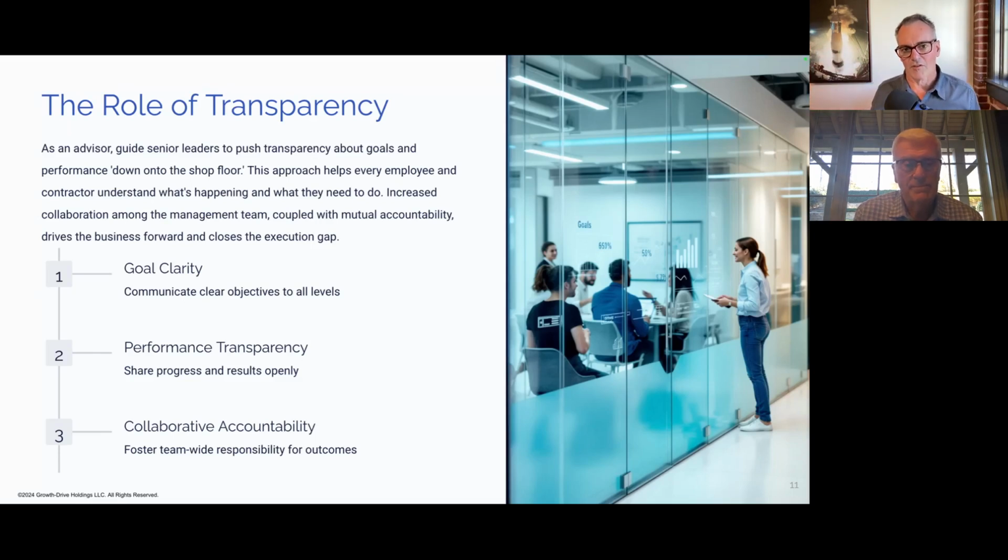And how do we reward team-wide responsibility for outcomes? And by the way, part of this is celebrating failure, right? So accountability for success and taking accountability for failure. And importantly, those after action reports.